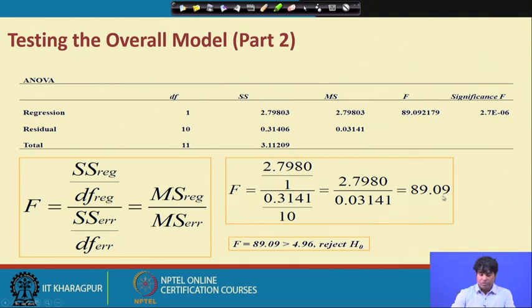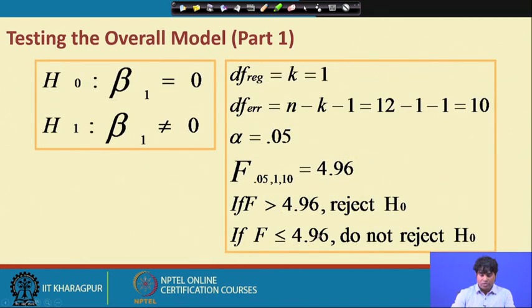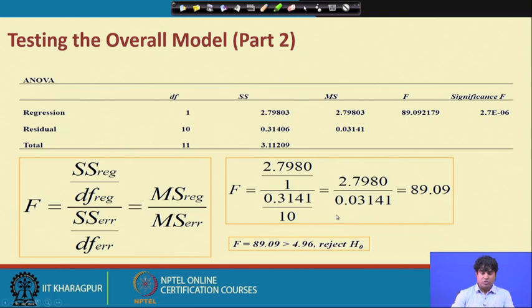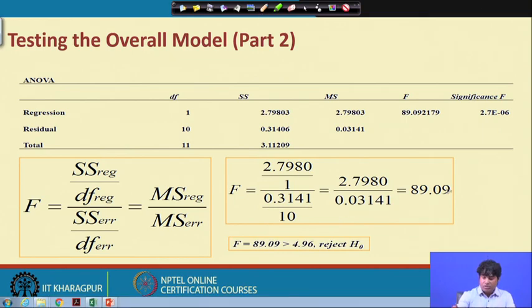The F value is coming to 89.09, that is the calculated, and the tabulated value here is 4.96. If the calculated F is greater than the tabulated value, we can reject. If the calculated F is less than the tabulated, then we cannot reject. Going through this final output, the F is 89.1, which is very high compared to the tabulated value of 4.96.